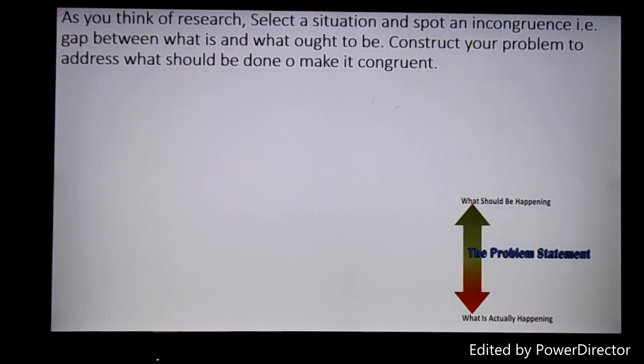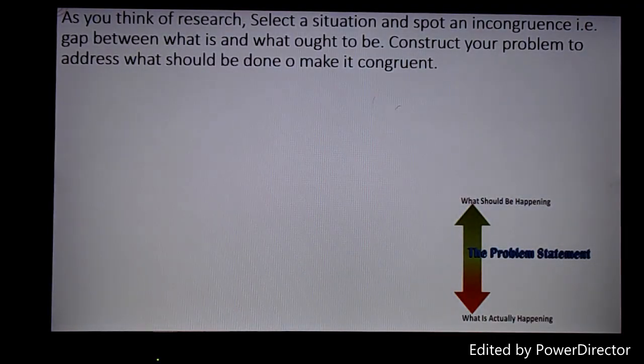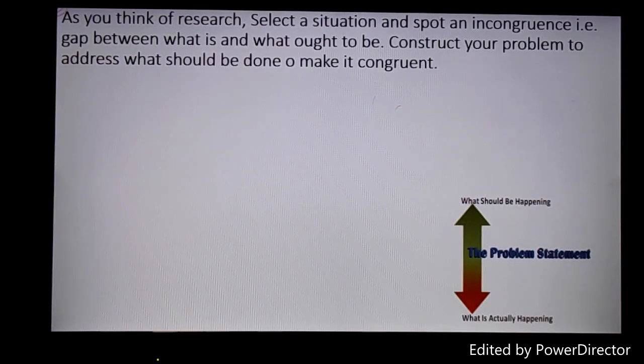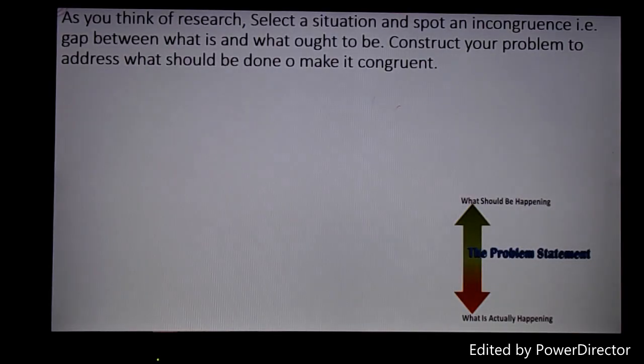Now, as you think of research, you select a situation and spot an incongruency or a gap between what is and what ought to be. Then you construct your problem to address what should be done to make it congruent.